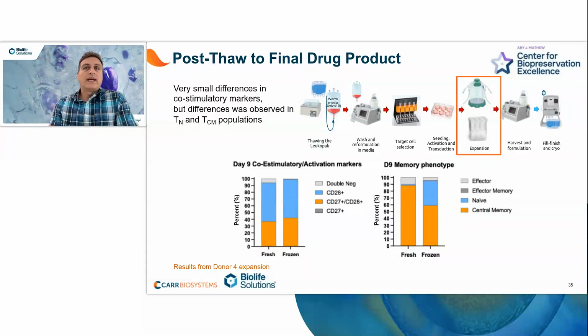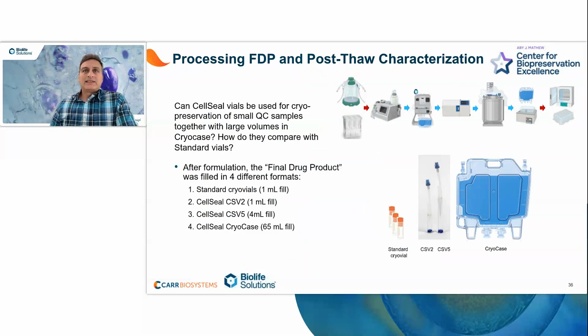One goal that we had was to establish or understand the comparability between the various formats that may be used for that final drug product, be it in a research lab, if you're doing process development and R&D, and you don't have a lot of cells, you don't generally work in a larger scale, so it's not a closed process, it's frozen in the standard cryo vials.